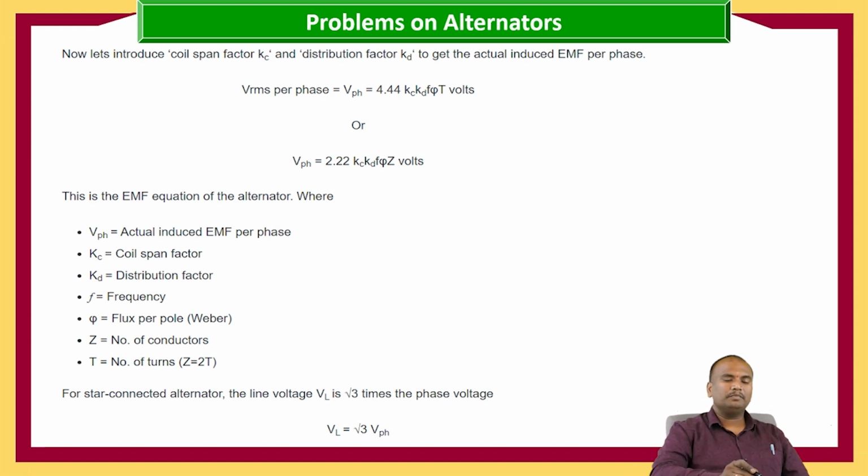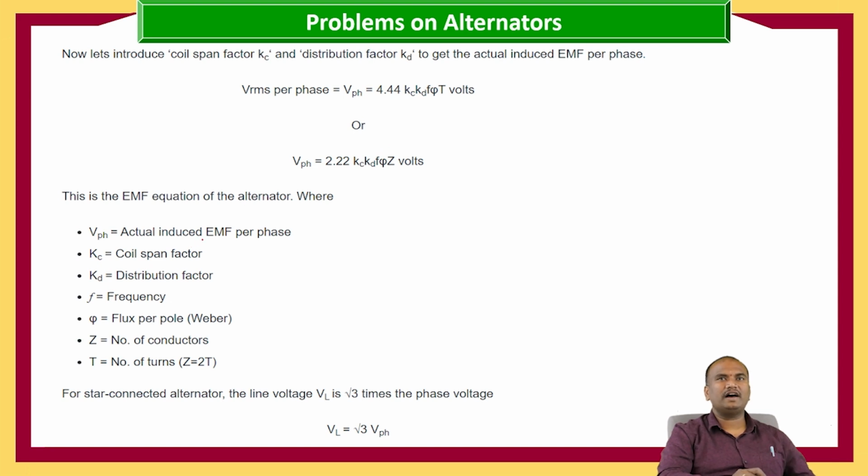So based on the pitch value and distribution values, we are going to get the Kc and Kd values. That is V RMS per phase is equal to 4.44 Kc Kd f phi T, or we can also write it as 2.22 Kc Kd f phi Z volts.